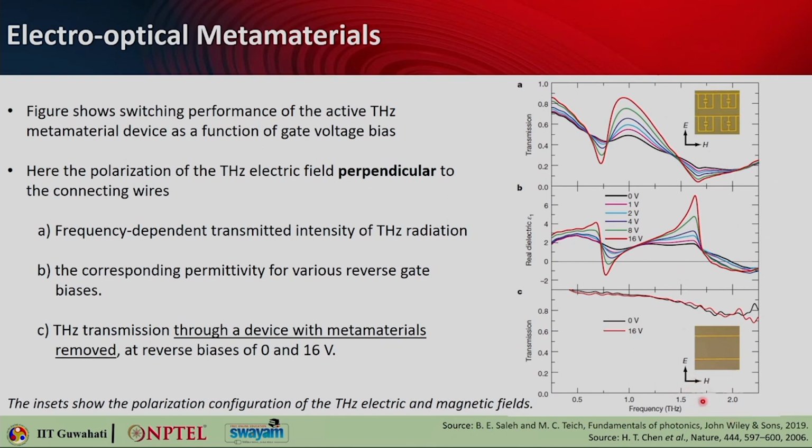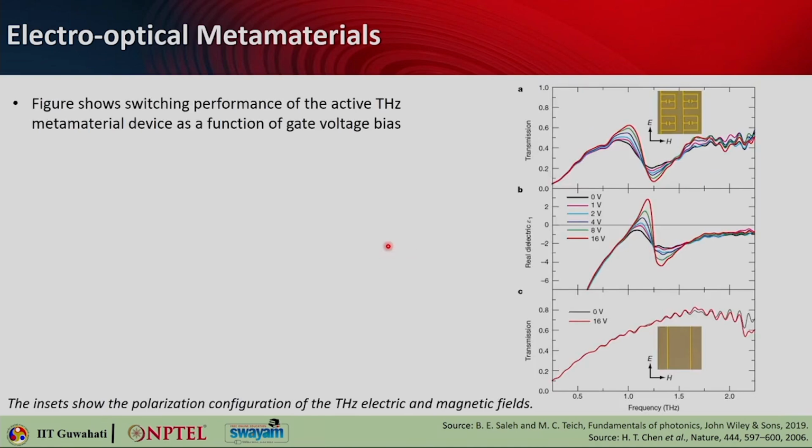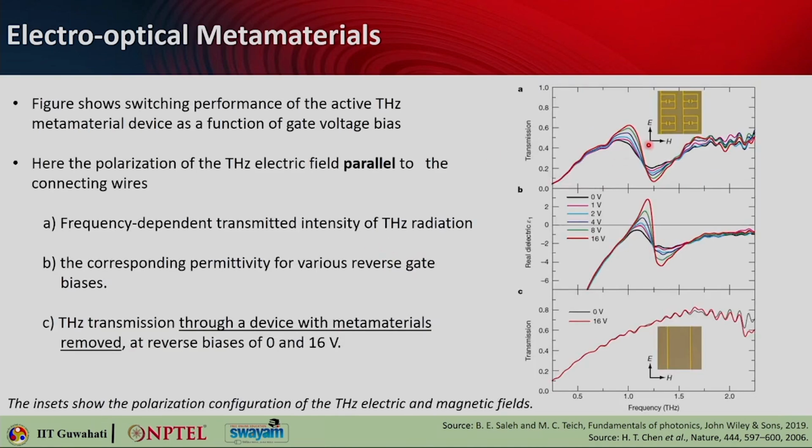These are again those connecting wires, the only thing missing is the metamaterial elements. Now, if you repeat the same experiment when the electric field is parallel to the connecting wires, you see the tunability is not that drastically different. So, you actually get more tunability when the electric field is perpendicular to the split gap.